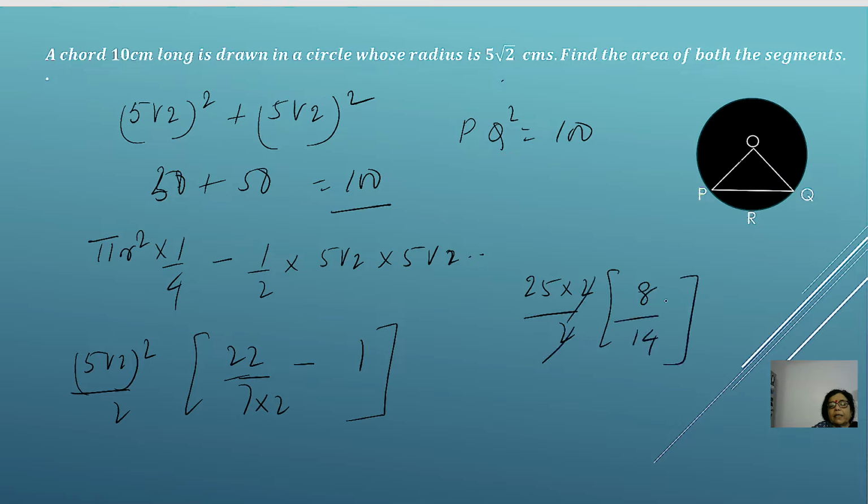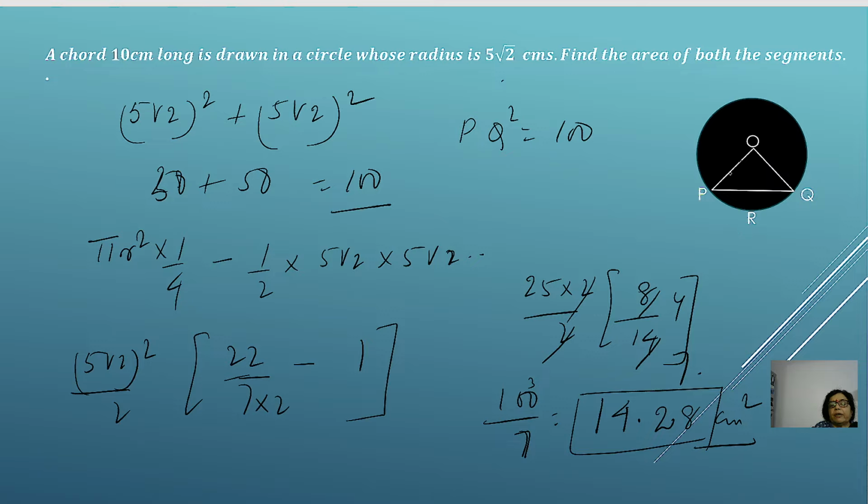This 2 and 2 get cancelled, 2 4s 8, 2 7s 14, so 25 into 4 is 100 by 7. So 100 by 7 gives us 14.28 square centimeter, the area of this minor segment over here.